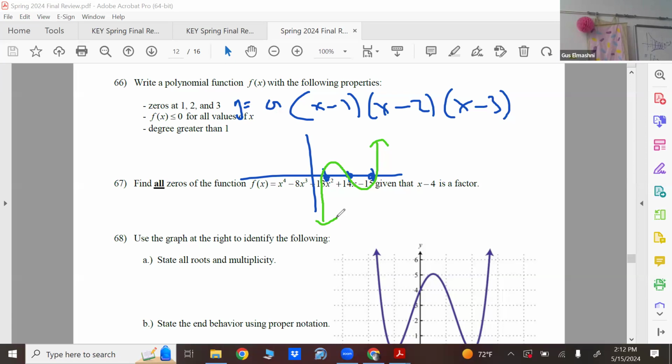So it means that I might need to double up some of these factors. Because what happens when these are doubled up? When it touches the x-axis, it doesn't pass through, it bounces. And you want it to be below, so I probably want A to be negative. So this is the alteration I'm going to do.